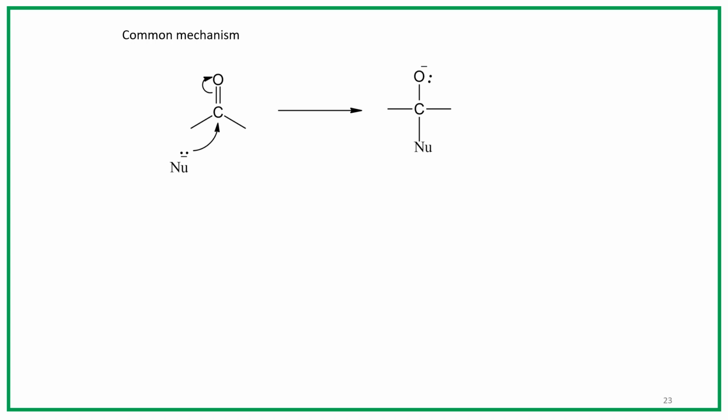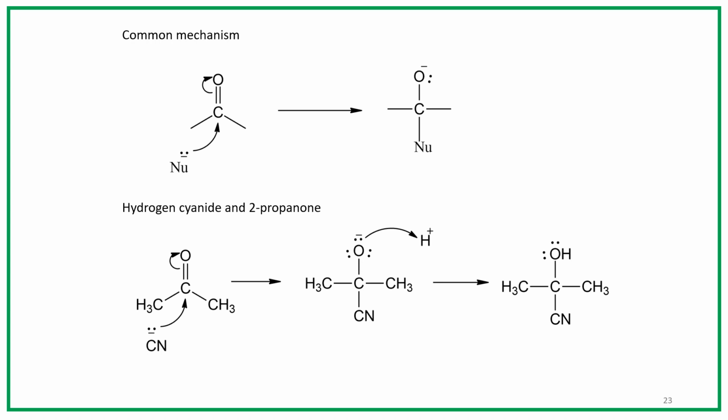Due to the nucleophile, we call it a nucleophilic addition reaction. This is one example where cyanide reacts with ketones to form cyanoalcohols. So this is an example. We can learn more about this kind of example in future lessons.